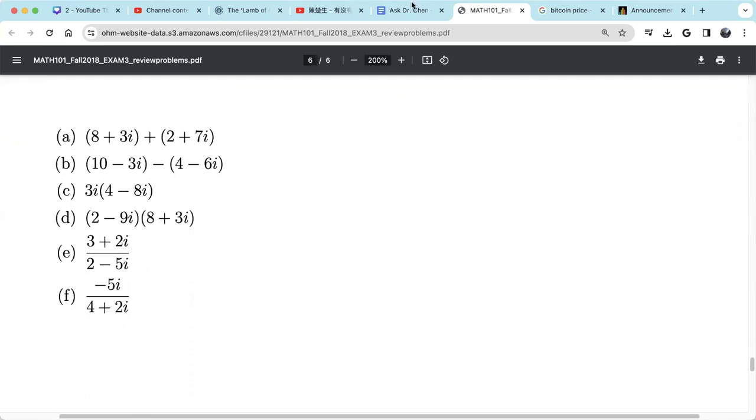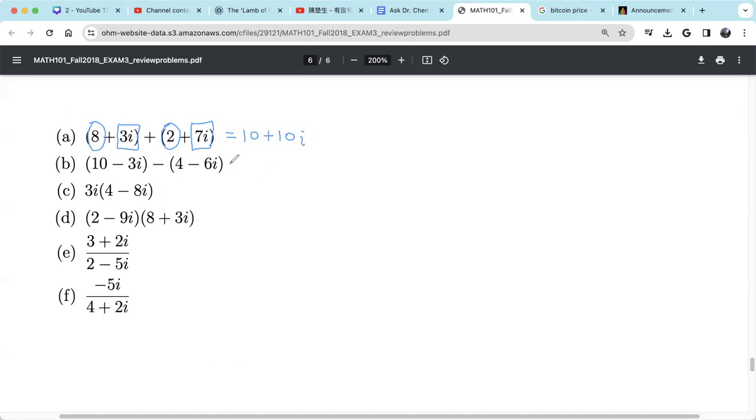Let's see these ones. Because they're numbers, we can add them, subtract them, multiply them, and divide them. When we add, we add the real part with the real part and the imaginary part with the imaginary part, just like adding or subtracting like terms. So 8 plus 2 is 10, and 3i plus 7i is 10i.